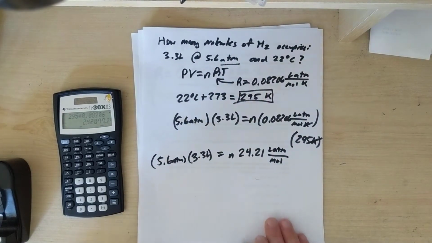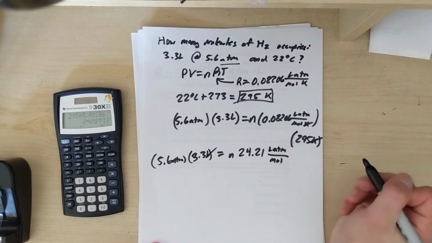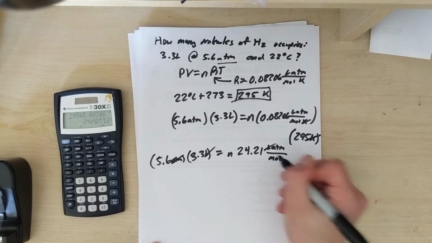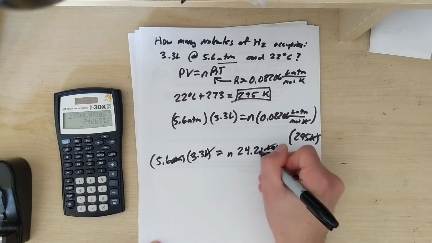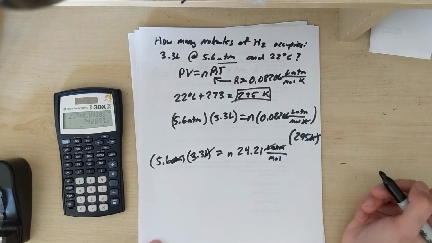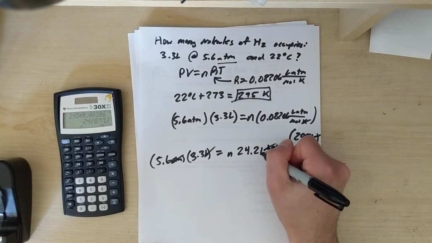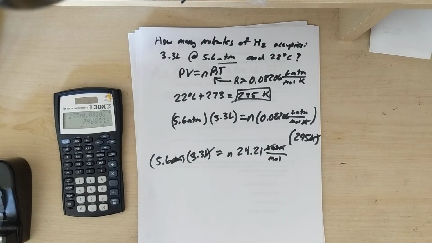Okay, so we have everything that we need. If we divide by liters, we're going to lose that liter. And if we divide by atmospheres, we're going to lose that. And so we're going to end up with N times 1 over moles. Then you bring it over to the other side, and you end up in moles, which is what N should be in.